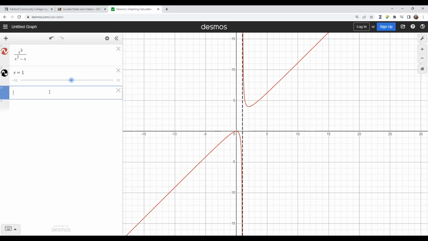So if we want to make the plot accurate, we need to include the point 0. It looks like it approaches 0, so we're going to do 0, 0. And then just make that into a hole, and then make it the color of the plot. So this is now an accurate plot. You'll also notice that it looks like there might be a line here that this doesn't cross. So this is a different type of asymptote that we haven't quite gone over just yet.